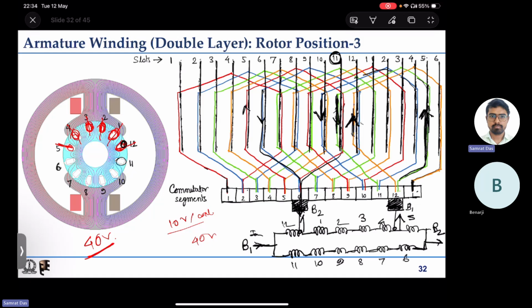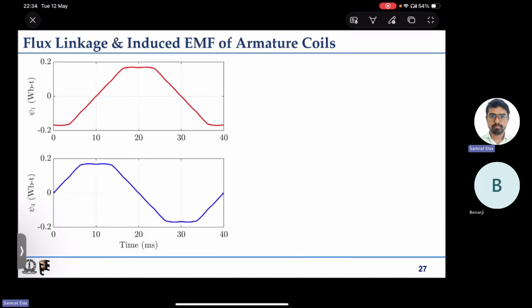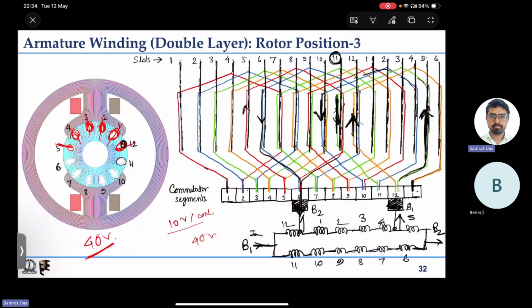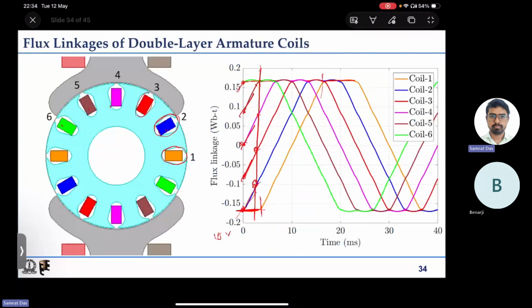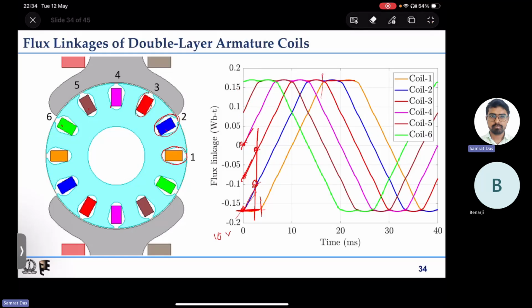Now look at which one of these coils are having some induced EMF. If we look at the flux linkage waveforms, whichever we have almost maximum or flat, it is zero. And for the rising edge, it is a positive maximum.